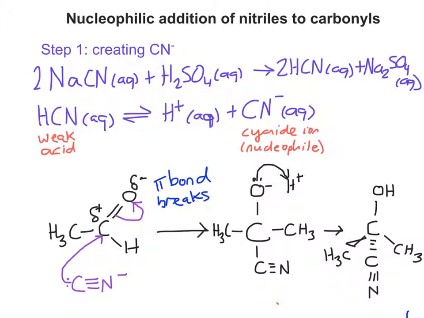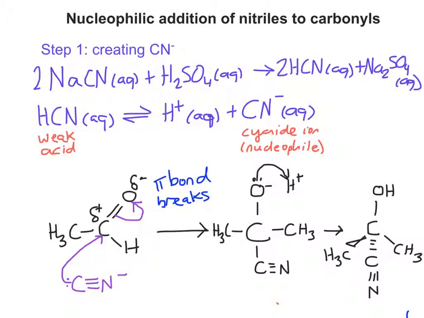So seeing as the HCN was created in aqueous solution, you can either have the H+, that is part of the dissociation, or you could have the water that's part of the solvent. So it could either be an H+ or an H2O that could be attacked in stage 2, the middle stage.